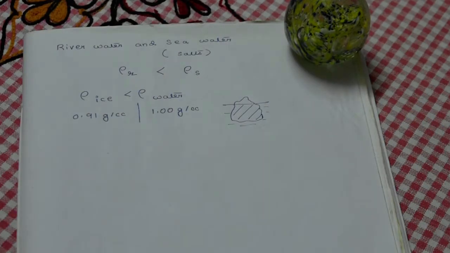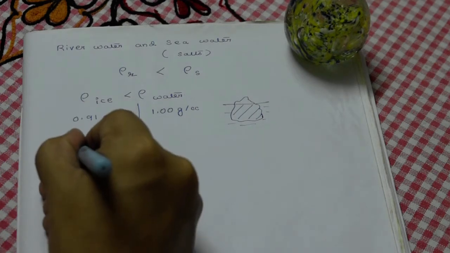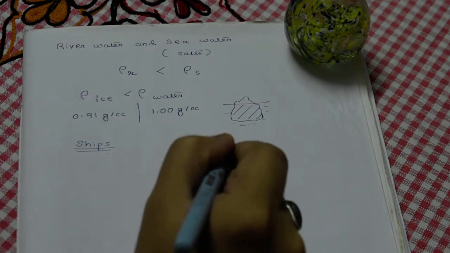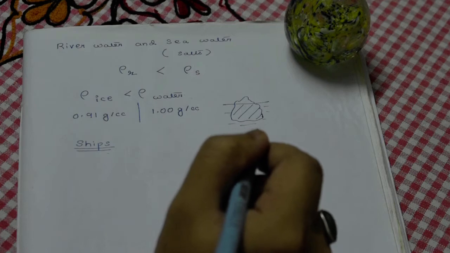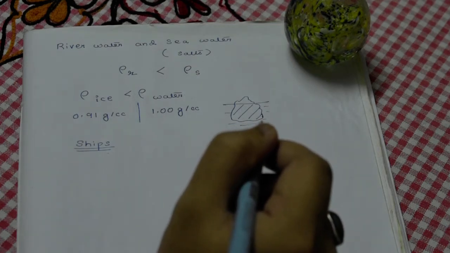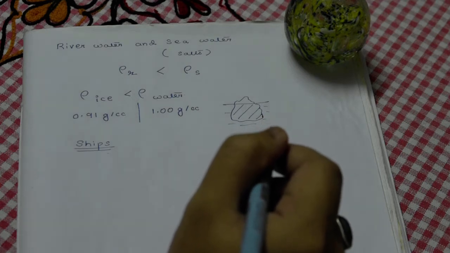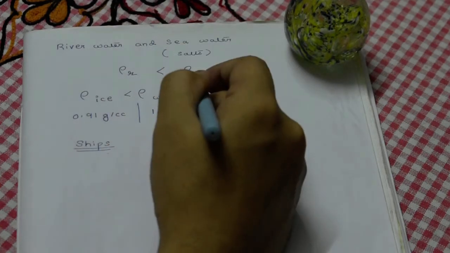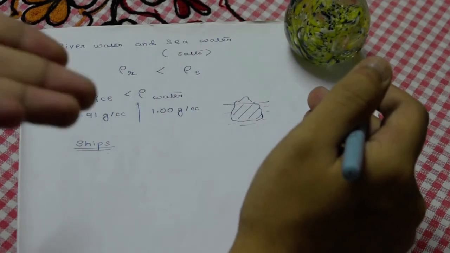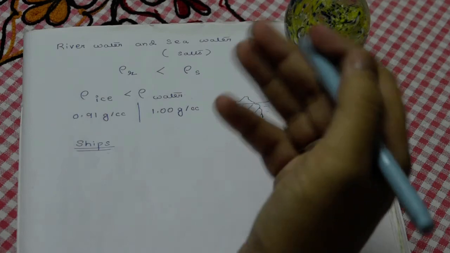Another application of this concept of sinking and flotation is for ships. Well, ships, especially the cargo ones which carry loads from one place to another, these cargo ships submerge more in river water as compared to that in the sea water. Why? Because sea water has a greater density. So greater density means it feels a greater upthrust, so it is easier to float in sea water.